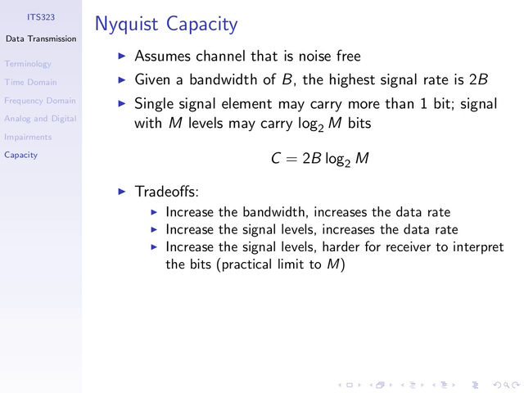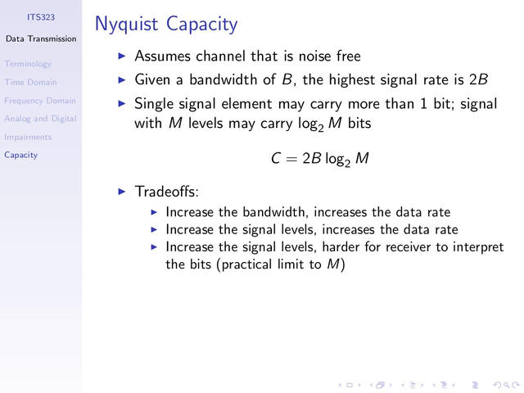So we'd send 2 signal elements. We're still sending one signal element every 1 millisecond. That is, our signal rate is the same, 1,000 signal elements per second, but each signal element represents 3 bits. 1,000 elements per second, 3 bits per element means 3,000 bits per second.